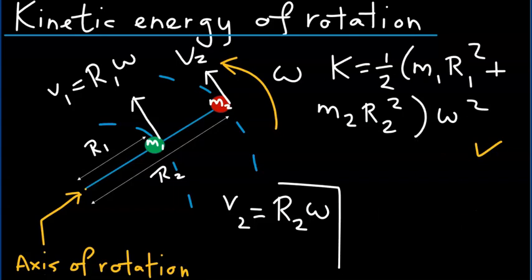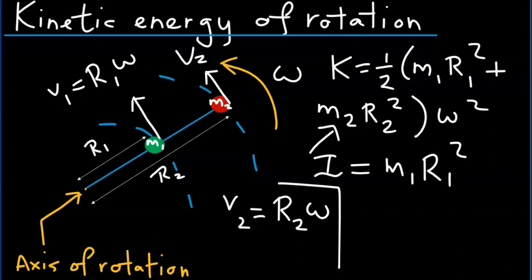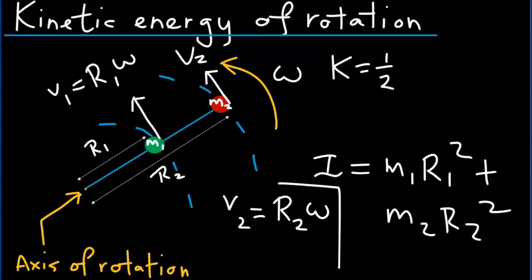In this equation, we have factored out the half and omega squared because they're common factors, and you can see the terms in the bracket. The terms in the bracket can be labeled as I. So I is m1 r1 squared plus m2 r2 squared. And using that I, we can write the kinetic energy of the system in the following manner.